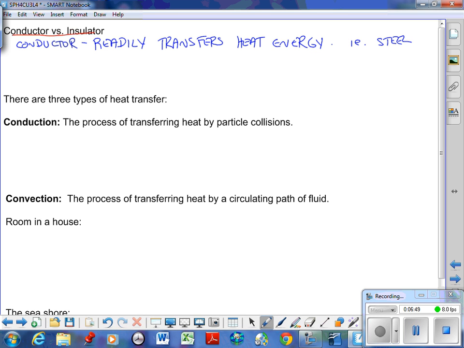So if you're out roasting marshmallows with a clothes hanger, you've got to be a little bit careful. That heat energy will transfer up the length of the clothes hanger. If you have an insulator, it does not readily transfer heat energy.